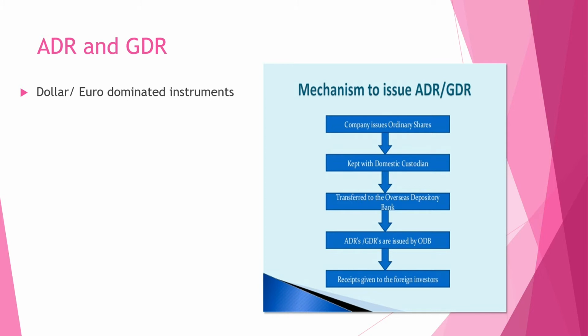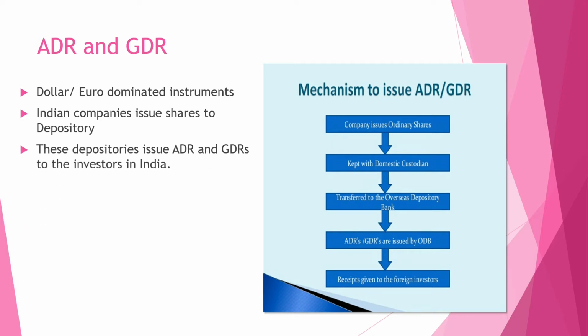These are traded in the foreign markets. Indian companies issue shares to depositories situated in the foreign markets. These depositories issue ADR and GDR to investors. The investors can trade these receipts in these foreign stock exchanges.